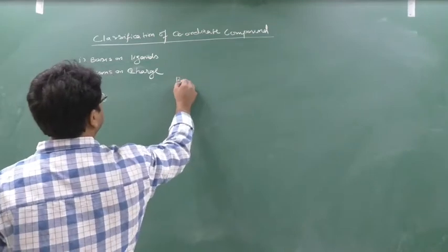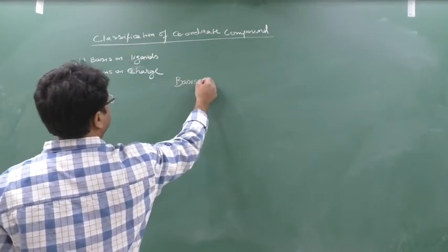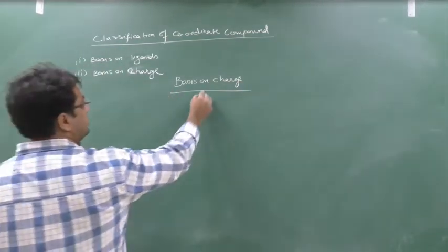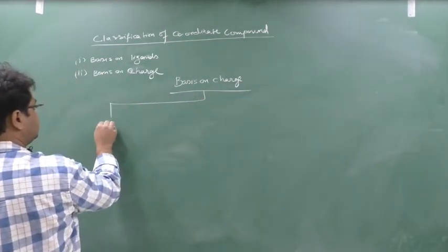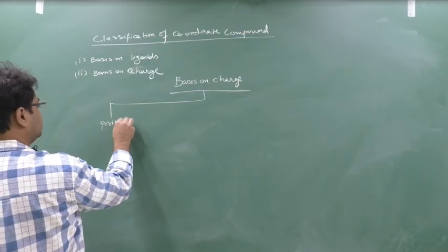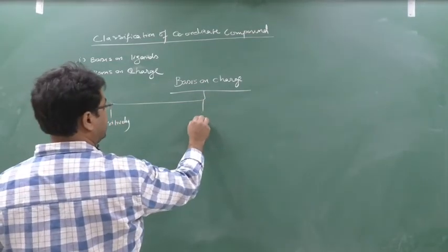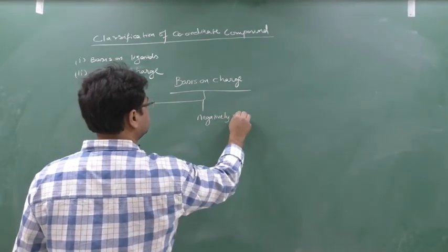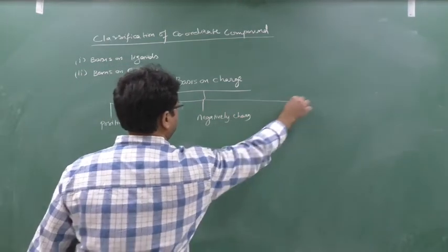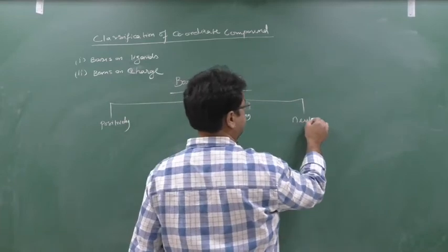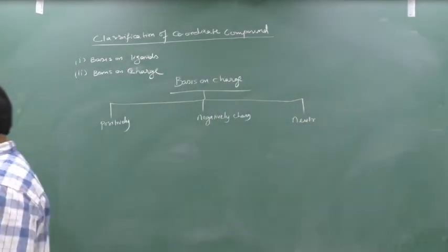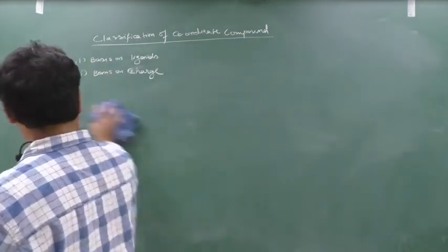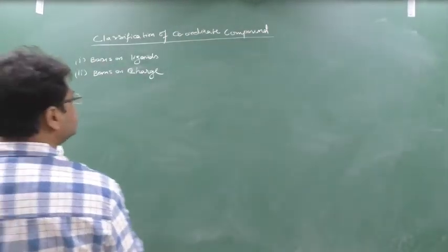Next is classification on the basis of charge. So simply, a complex can be positively charged, it can be negatively charged, and it can be neutral. I will write it down here on the top, so that I can give certain examples.